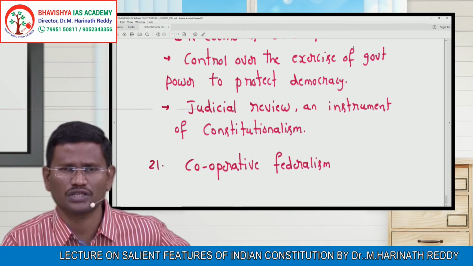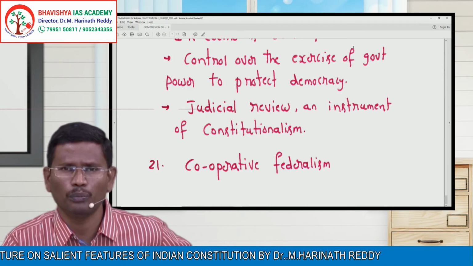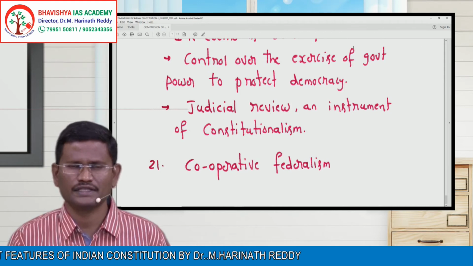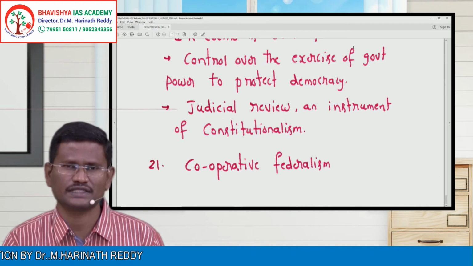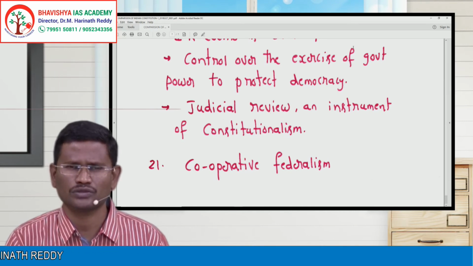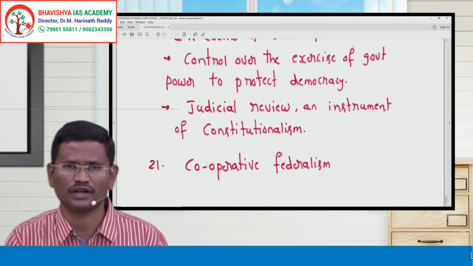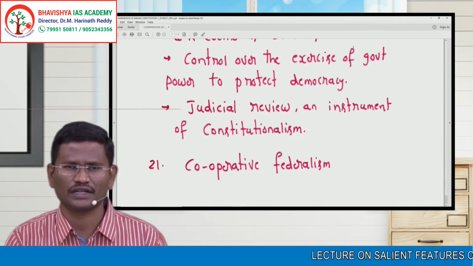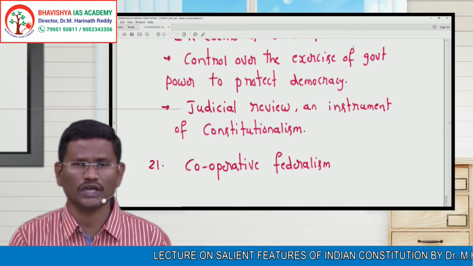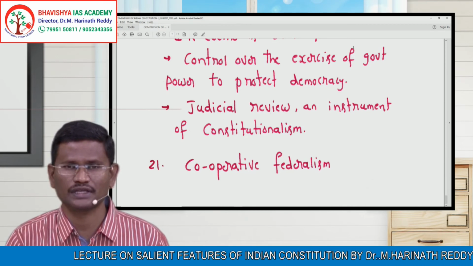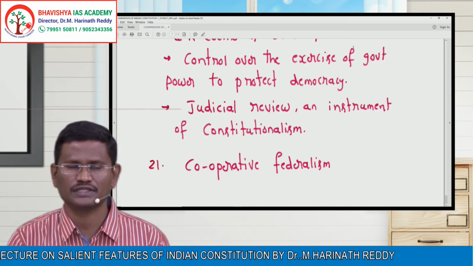An example of shared sovereignty, pooled sovereignty. In classical federations like America, the sovereignty is divided between the center and the states. But the Indian Constitution provided for pooled, shared sovereignty. The sovereign power of the center and the states is exercised together in the collective interest. A very good example in the recent past is the GST Council.